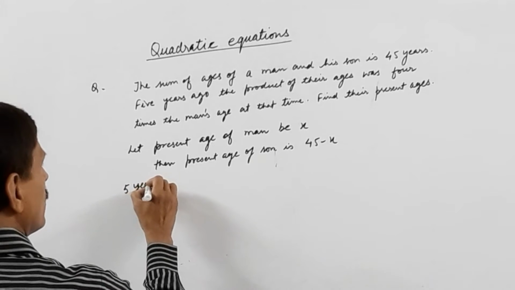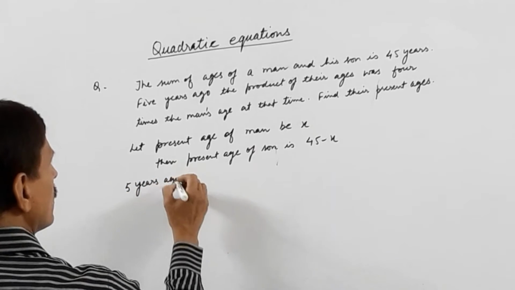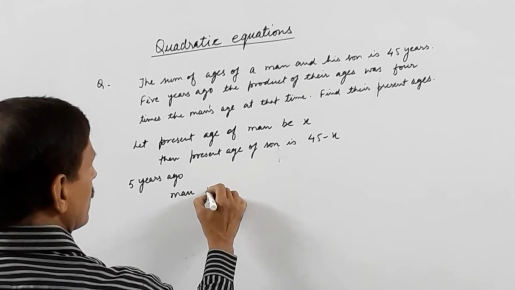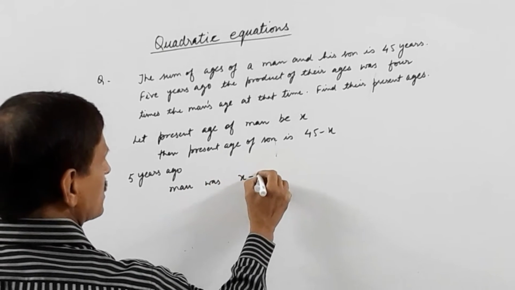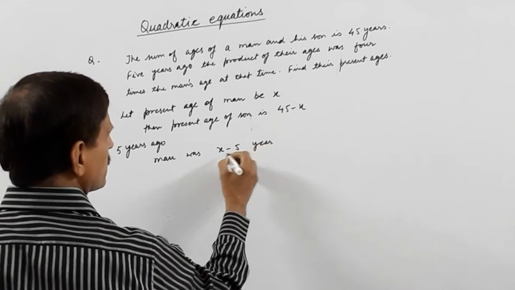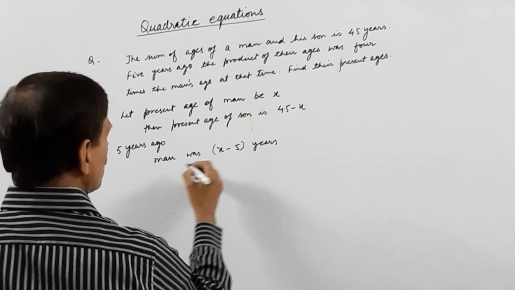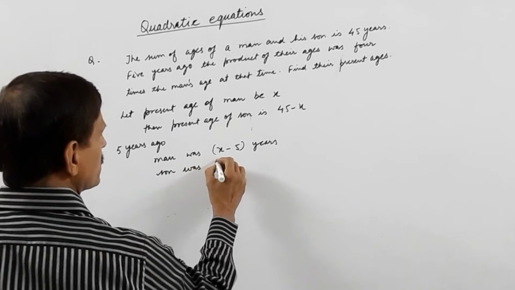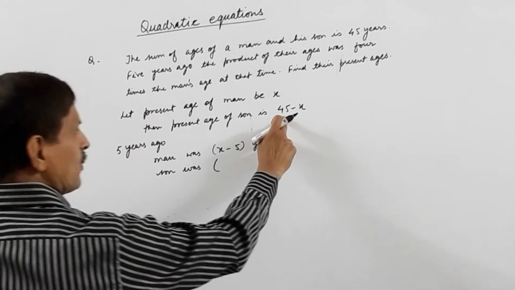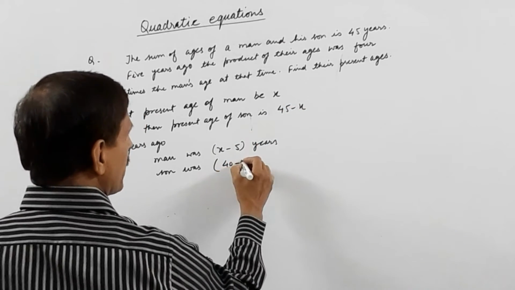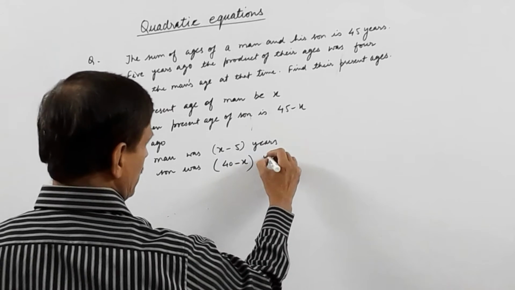5 years ago, the man was x minus 5 years and the son was 45 minus x minus 5, that is 40 minus x years.